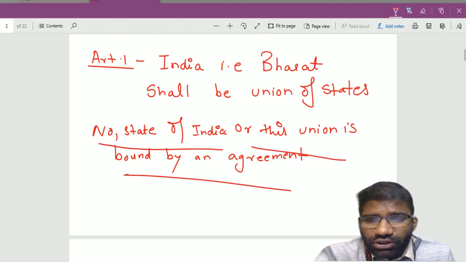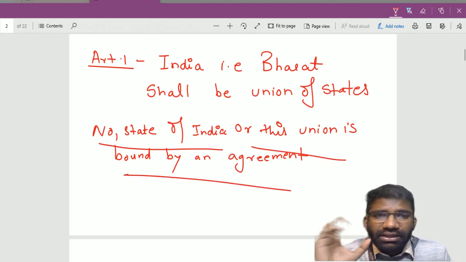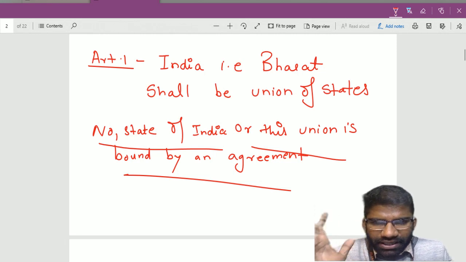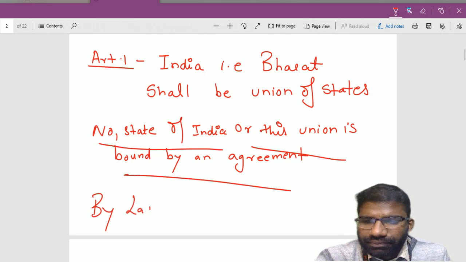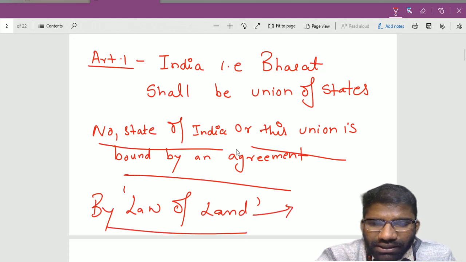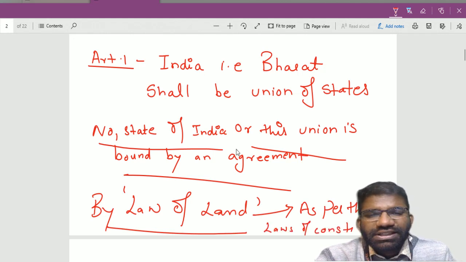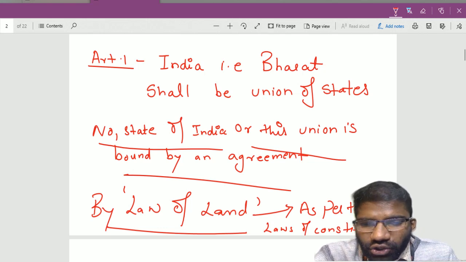Then, how are these states integrated together? These states are integrated together by the law of the land. As per the laws of the Constitution, these states are bound together to form a union.